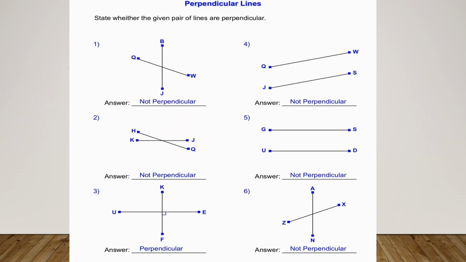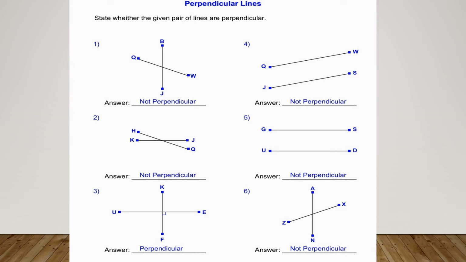Perpendicular lines assignment. State whether the given pairs of lines are perpendicular. The first one is not perpendicular because we do not find a 90-degree angle in which the two lines intersect. Second, it is also not perpendicular because the two lines intersect each other without forming a right angle.